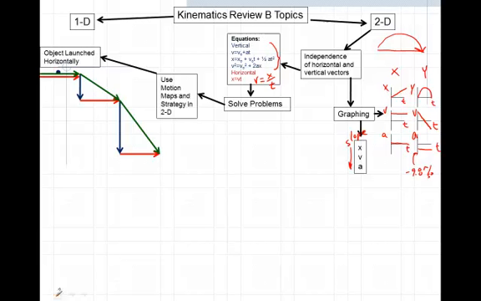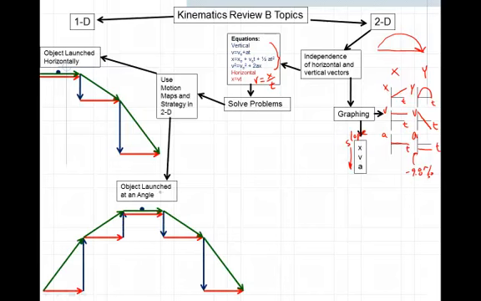Now, if we look very carefully, notice that the horizontal components always remain constant, so there's no acceleration in the horizontal. In the vertical, the acceleration is downward because the velocity arrows increase on the way down.